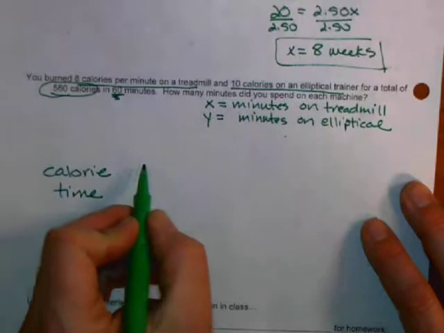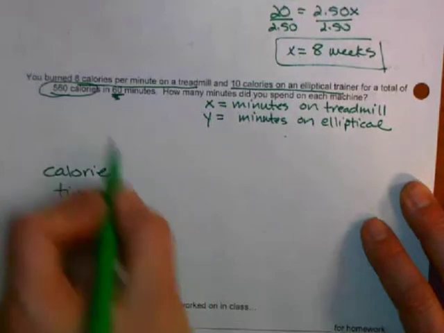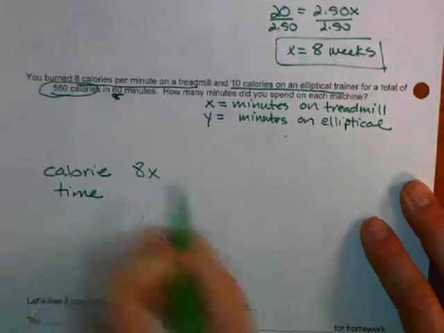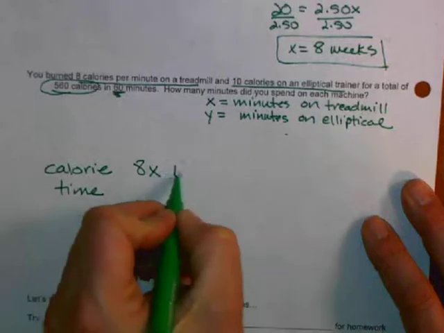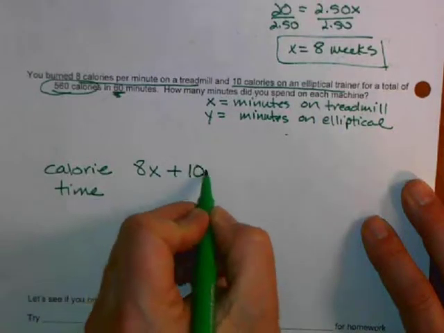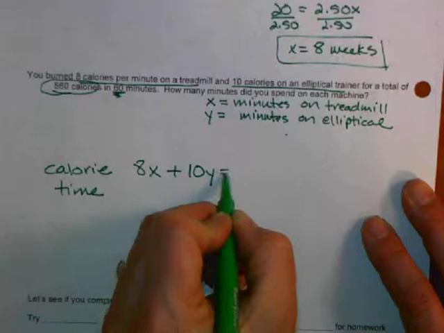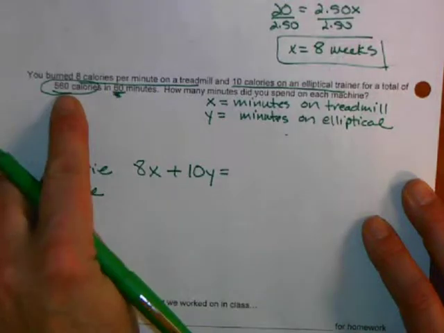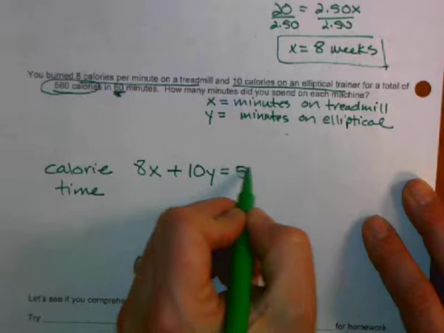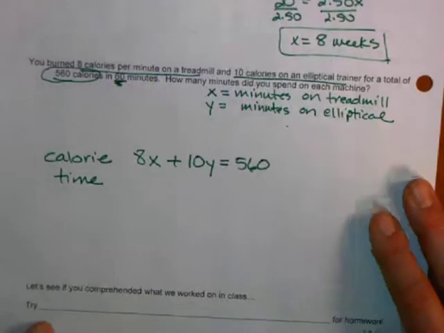How many calories per minute on the treadmill? 8 per minute on the treadmill. Plus 10 per minute on the elliptical. And I burned how many? This equation involved all the calorie information, didn't it?